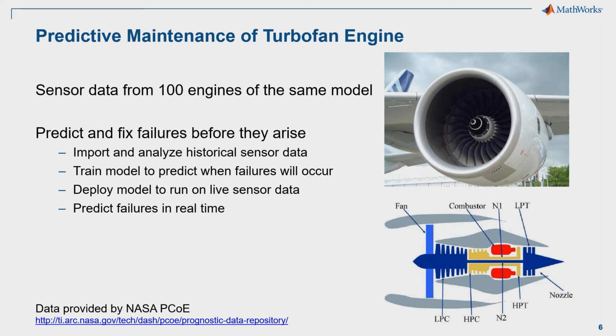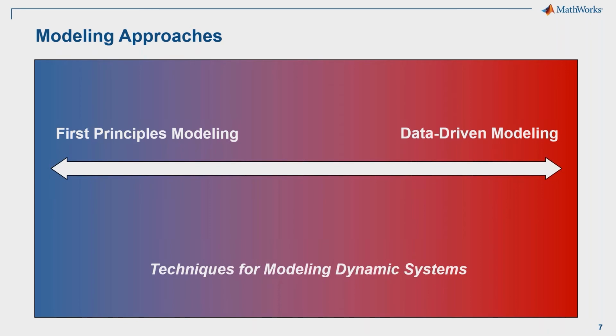We're going to be training the model so that we can predict when failures occur, or so we can know the current health. And then the second half of this we're not going to be doing too much today, but you would then deploy it out to actually work on the live sensor data and make it useful in the real world.